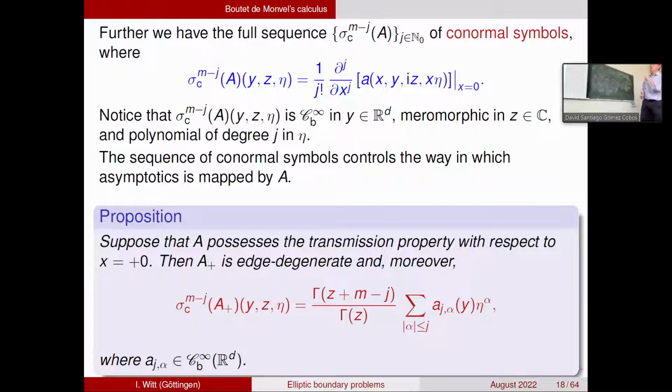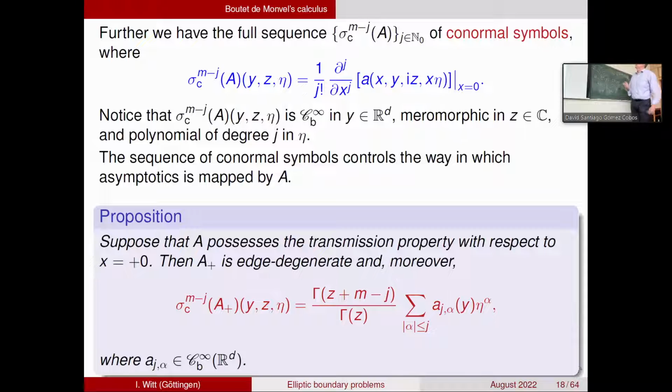I will discuss it later, but at the moment, just how they are defined: you do a Taylor expansion at x equals 0, differentiate with respect to x j times, with this combinatorial factor, and then set x to 0.